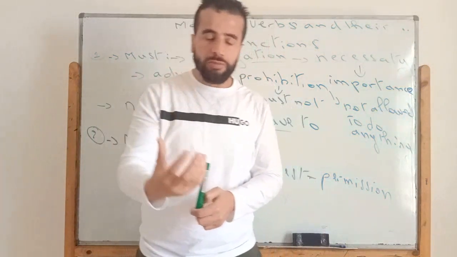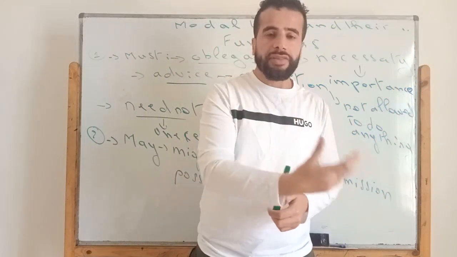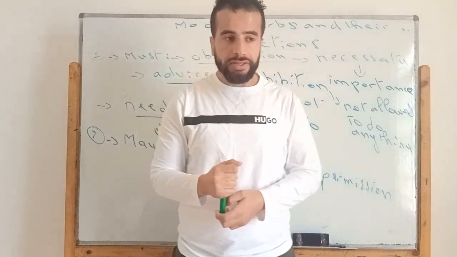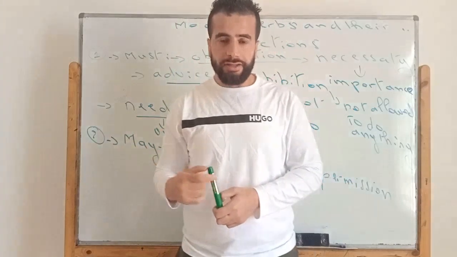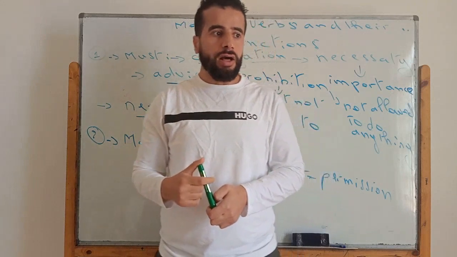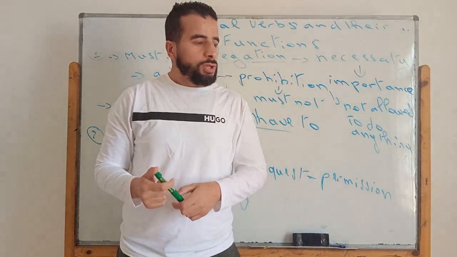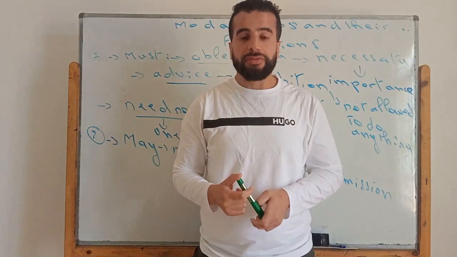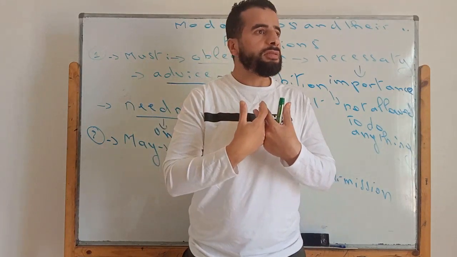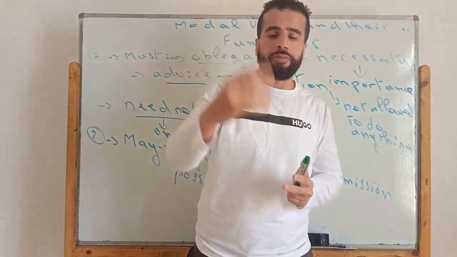For example, when we make a request, we use the interrogative form. May I, right? May I do that? May I address you? May I talk to you later, right? This is when you're requesting, may I mean anything you want from that person.